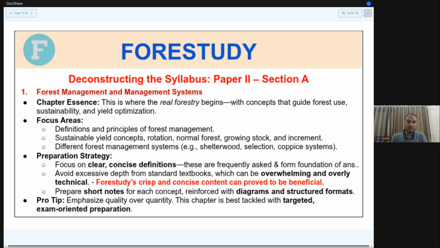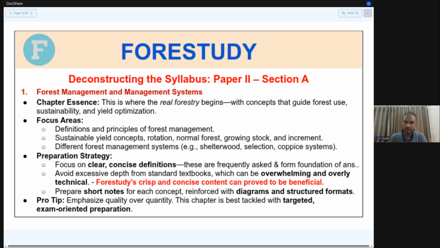So what is the preparation strategy for this portion? Focus on clear and concise definitions, because definitions are the key in this chapter. Go through the PYQs and select which portions are important from the exam point of view, and complete that portion very well.